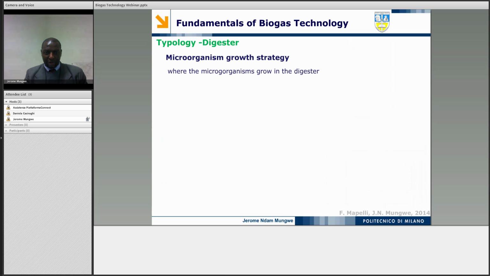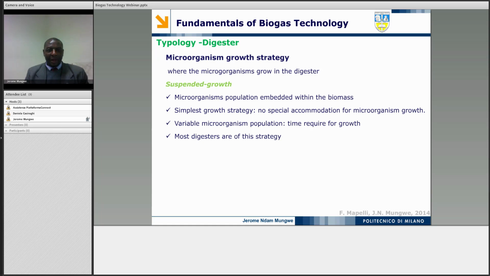We can also look at digesters from the perspective of the strategy of growth of microorganisms. We can have suspended growth, where the microorganism population is completely mixed with the biomass, and it's the simplest growth strategy.